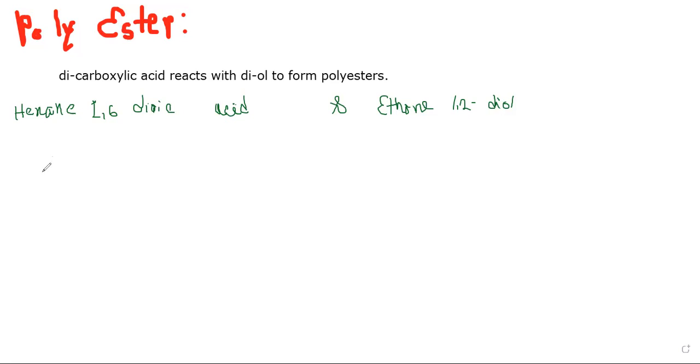So let us draw the 6 carbon chain: 1, 2, 3, 4, 5, and 6. Now in the last carbon, as it is a carboxylic OH group, we have to make sure there is a C double bond O. So it is its structural unit.